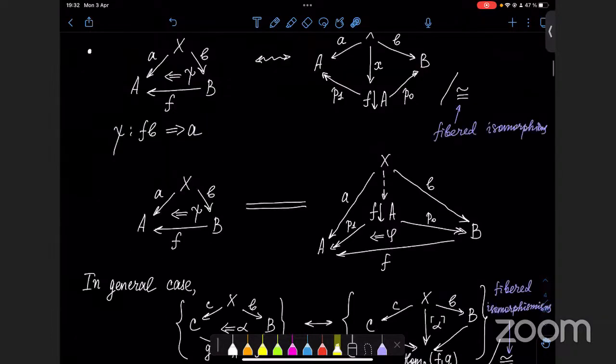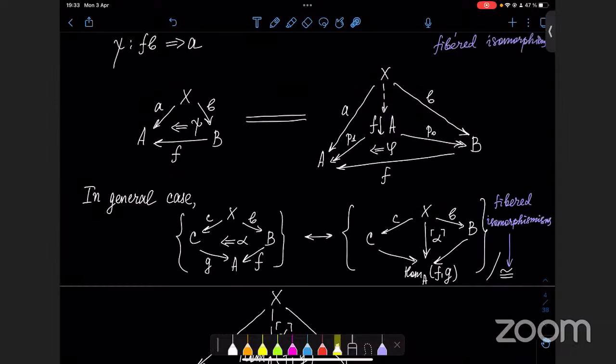And so the following weak universal properties. We know that in the general case we have a bijection between these square diagrams and these fiber isomorphism classes of diagrams. Fiber isomorphism means that we have an equivalence modulo these diagrams, if we identify such diagrams for which we have an isomorphism here, which fits into this commutative diagram.